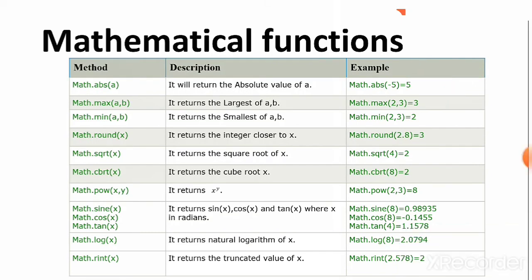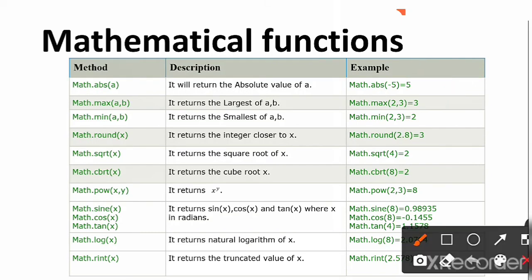The next function is math.max of a and b. This function returns the largest of two numbers, that is a and b. Here is an example to illustrate the use of the math.max function. When I specify math.max of 2 comma 3, it will give you the answer 3.